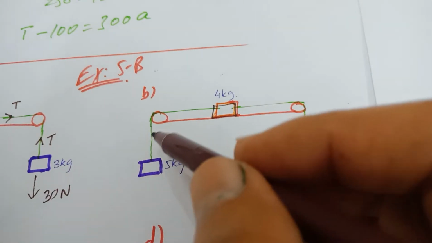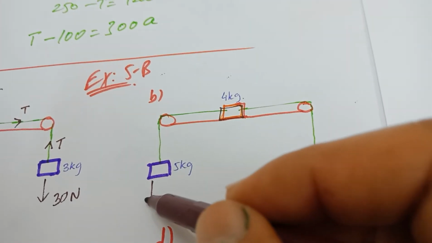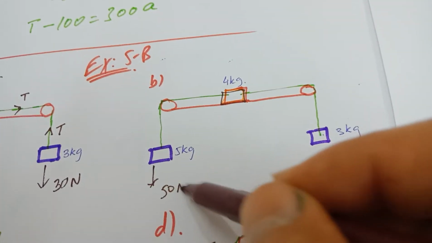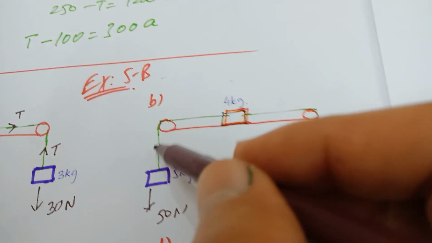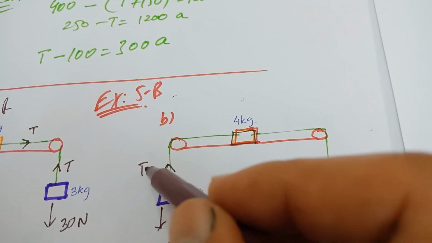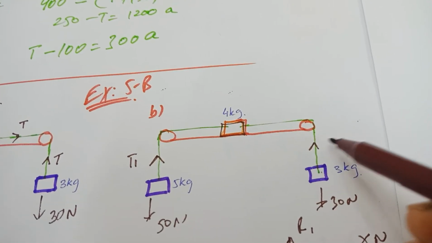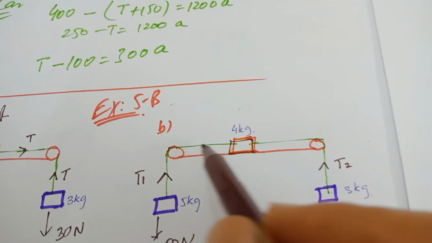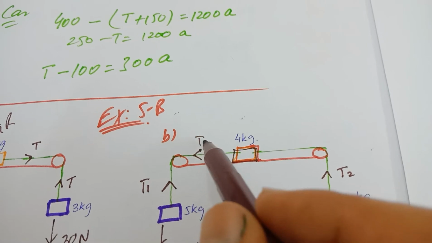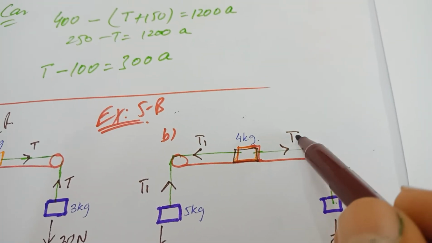If I show this weight downwards, which is 50 newtons over here, this is going to be 30 newtons over here. So if I write this tension as T1, I should give another name like T2. Here is this T1, here is this T2.